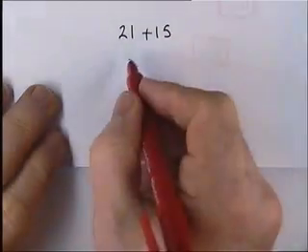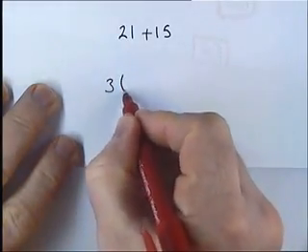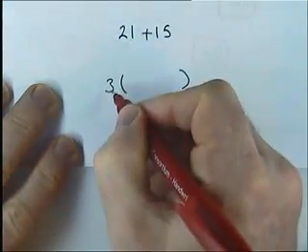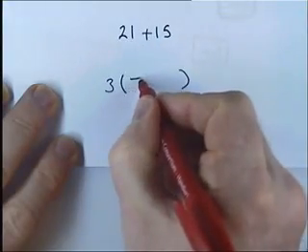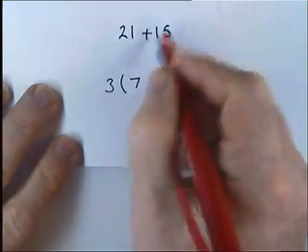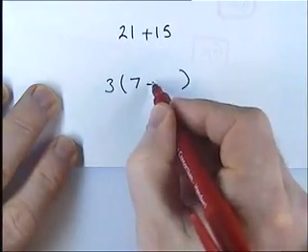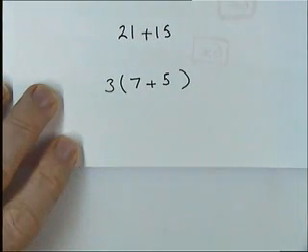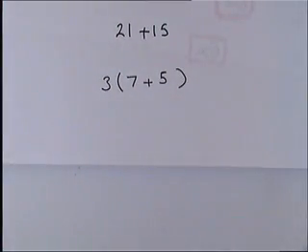Okay, well the highest common factor of 21 and 15 is 3, so it's going to be 3 lots of something. 21 divided by 3 is 7, or 3 times by 7 gives me 21. And 3 times by 5 gives me 15, so I get 7 plus 5. 7 plus 5 is 12, and 3 12s are 36, and 21 plus 15 is 36.